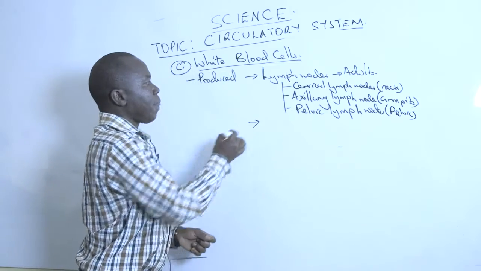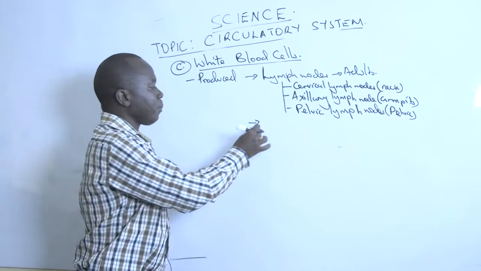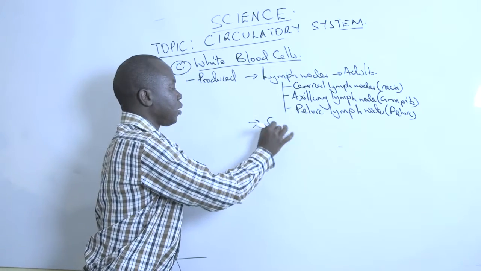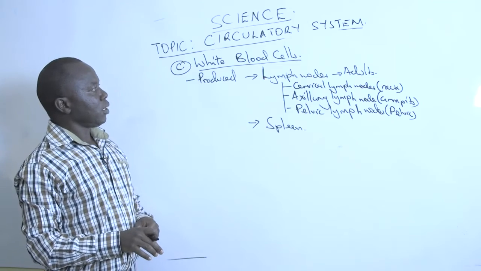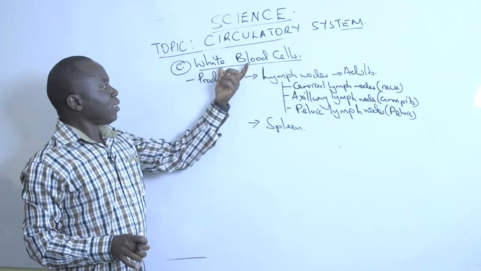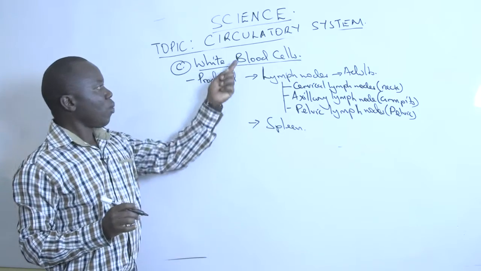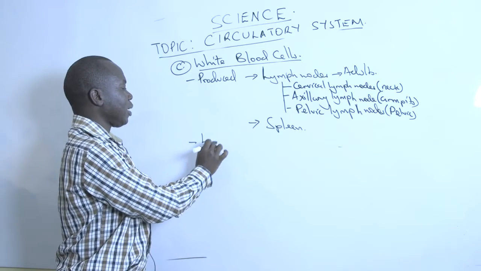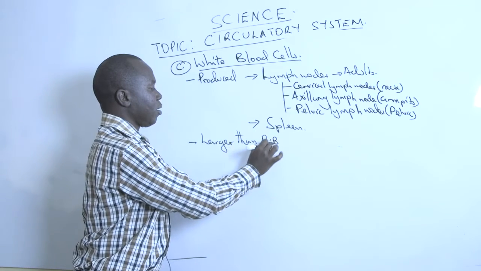So that is the major region that produces white blood cells, but in young children or the fetus, they are usually produced in the spleen. White blood cells are different from red blood cells in that they are slightly larger than red blood cells.